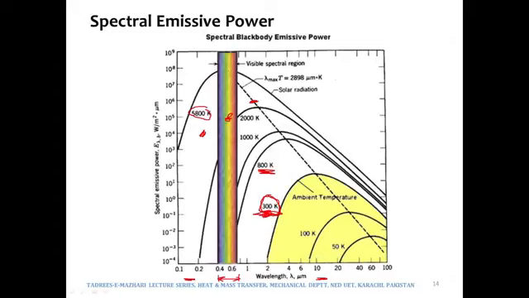And suppose an object appears black to us, it means that it does not reflect anything in the visible band, so that is why it would appear black to us. And if an object appears white to us, then it is reflecting all the radiation in the visible band, and that is why it is appearing white to us.